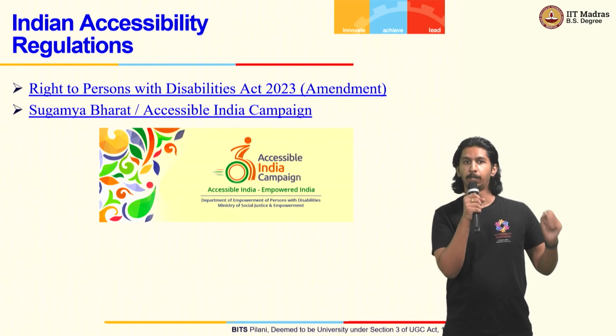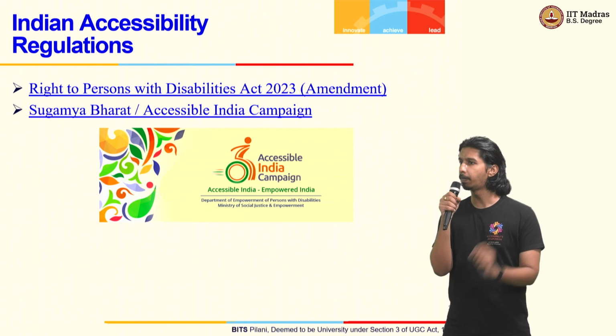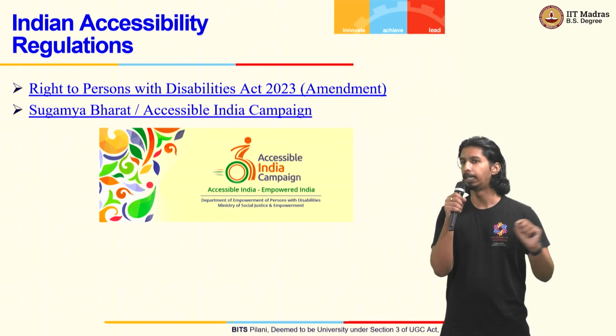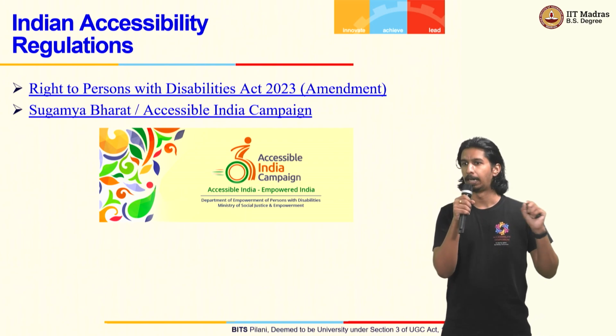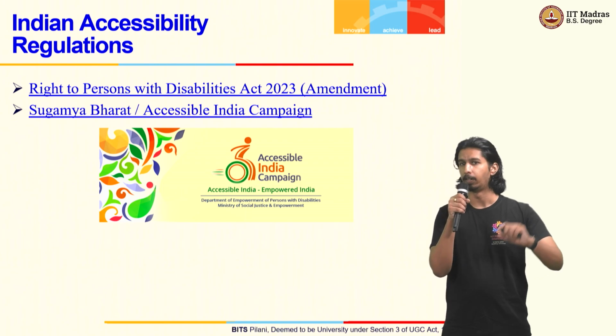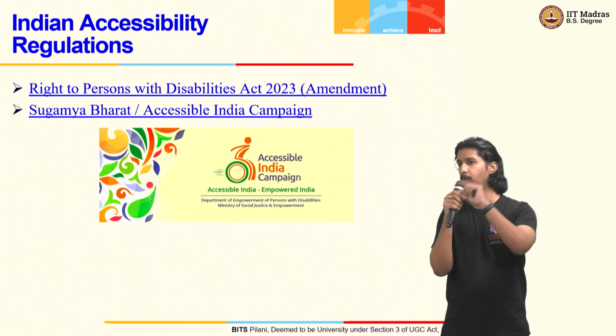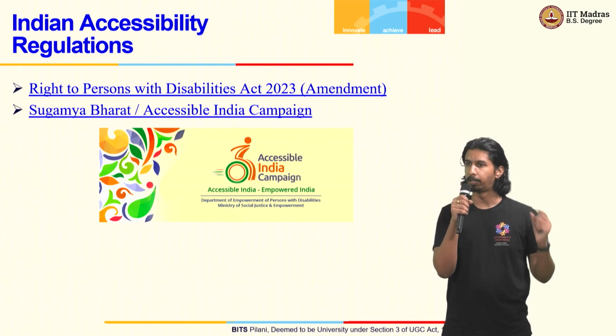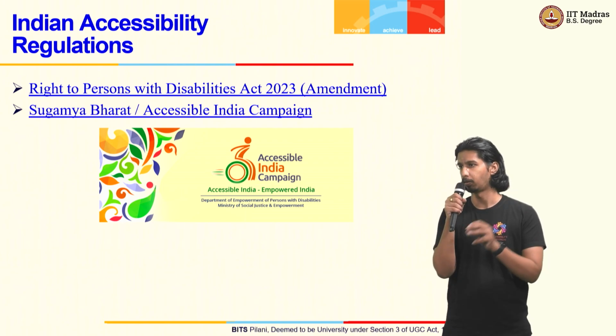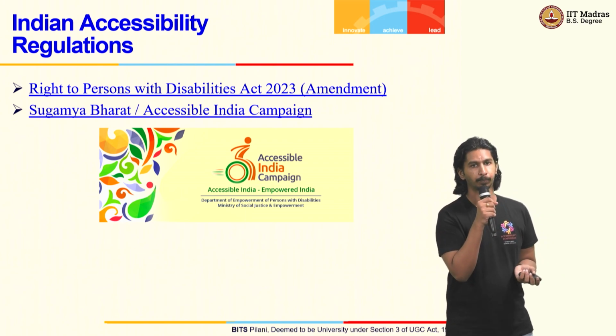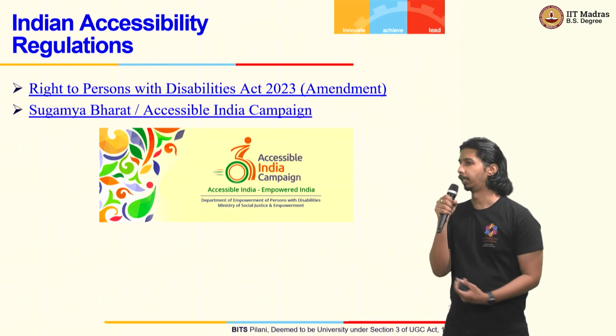And to an extent, this has been very successful, right? If you see any metro station in India, definitely it will be accessible. It will have ramps, it will have lifts, it will have braille labels, there will be announcements, there will also be text of what is the next stop, right? All the guidelines of public accessibility or physical accessibility have been taken care of. But digital is still lagging behind.